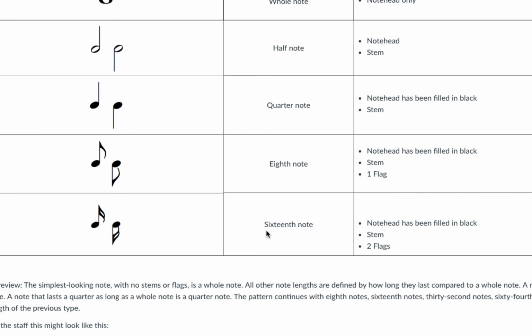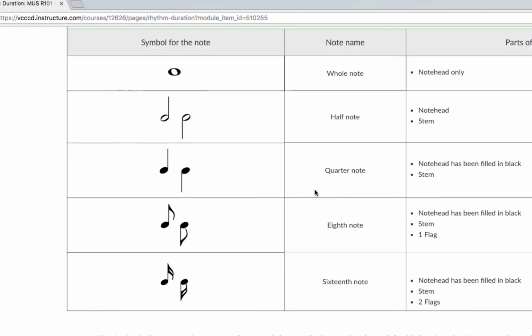So can you imagine what the next faster note would be? We've gone from a whole note to a half note to a quarter note to an eighth to a 16th. And you guessed it, going on, we go to the 32nd note. And the only difference between the 16th note and a 32nd note is you'd have all of this plus 1 more flag.